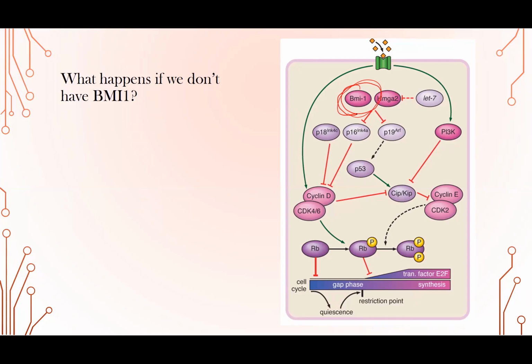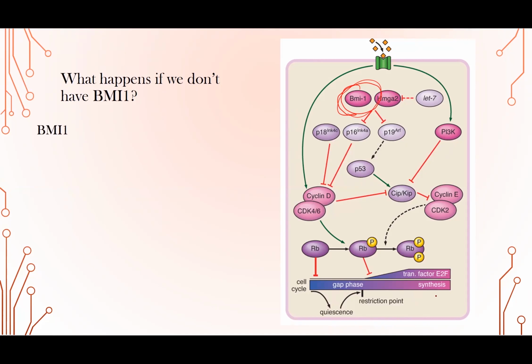So BMI1 is inhibiting P19. So yeah, if BMI1 isn't there, then there's nothing to inhibit P19, so you would have more P19. Yeah, so that's exactly how you go through this, but then you see now we have more P19, so we're going to see how that's going to affect the next one, and then we have to go all the way to the end of the cell cycle to see how it affects the cell cycle.